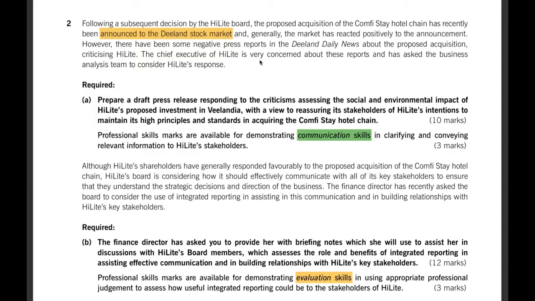The market has reacted positively to the announcement. However, there are some press reports. What did they talk about? Basically there are some negative press reports about the proposed acquisition, criticizing Highlight.